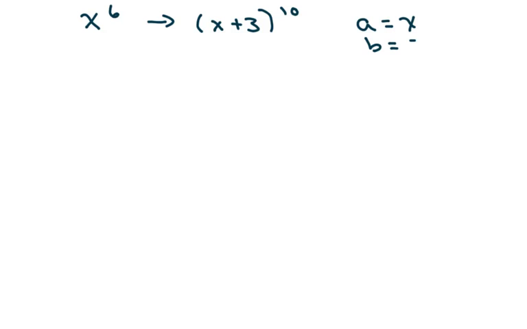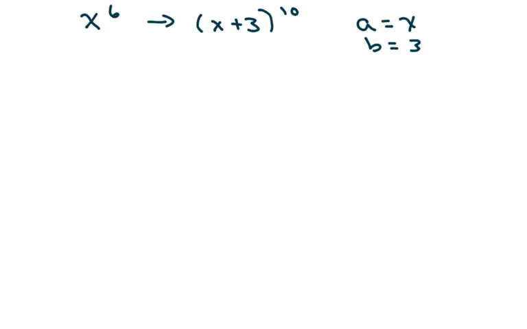So the first one we're going to do is find the indicated coefficient of x to the 6th in the expansion of x plus 3 to the 10th. So what I want us to know is we have our A is x and our B is 3.